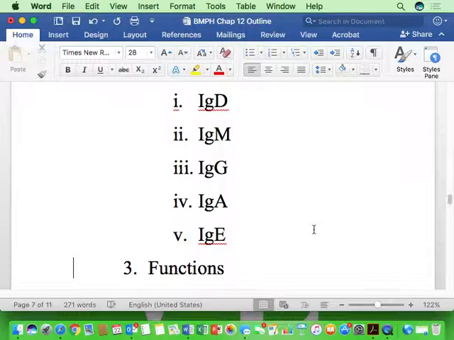By masking harmful parts of a bacterium or virus.